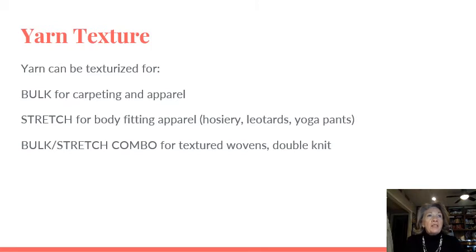It can be texturized for stretch, for body fitting apparel such as hosiery, leotards, yoga pants. You need to have that stretch built into it. It can be texturized for a bulk and stretch combination, for textured wools, double knits, different applications. So it can be manipulated in a lot of ways depending on what you want the finished product to be like.